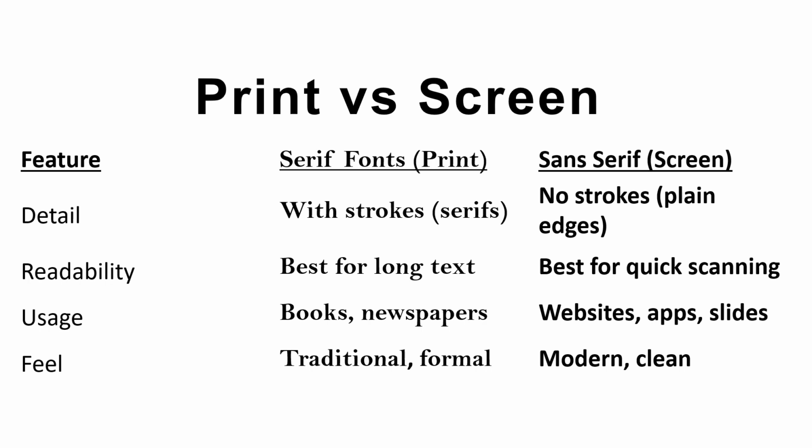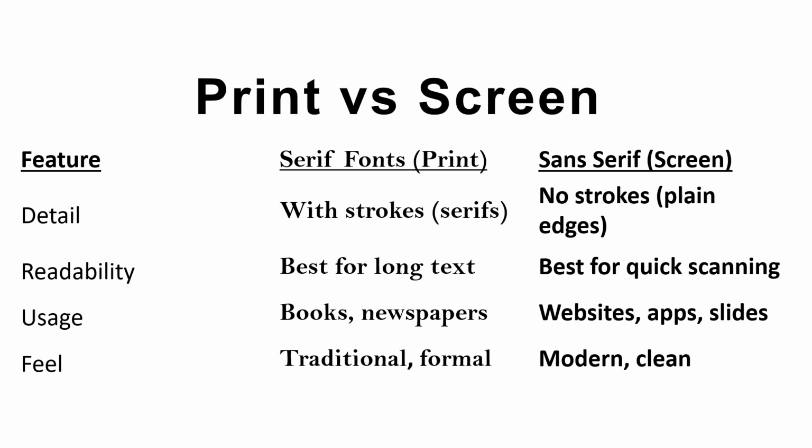Usage: for long text use serif, books and newspapers, and sans serif is used in electronic media, websites, apps, and slides. The feel: if you use serif fonts, it will be a traditional and formal feel, while if you use sans serif, it will be a modern and clean feel.